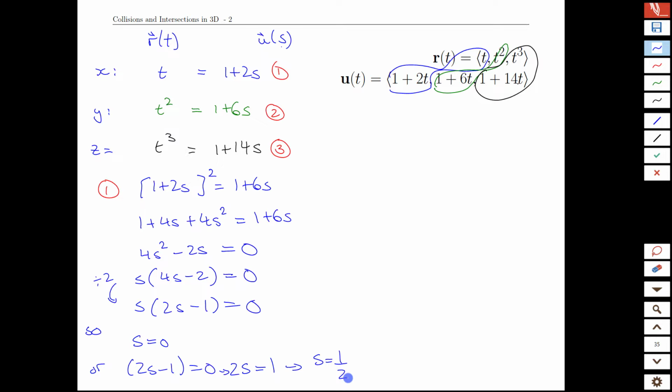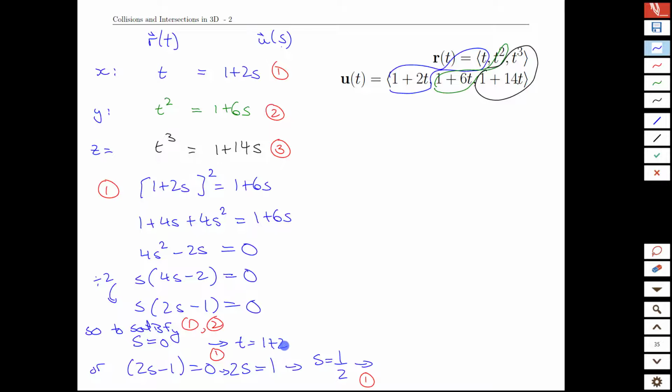All right, so to satisfy equations 1 and 2 here, we have to have one of these 2 s values. And we can even get a little more precise, because to satisfy equation 1 specifically, t would have to equal 1 plus 2 times s.